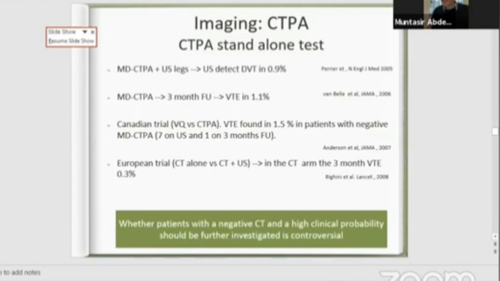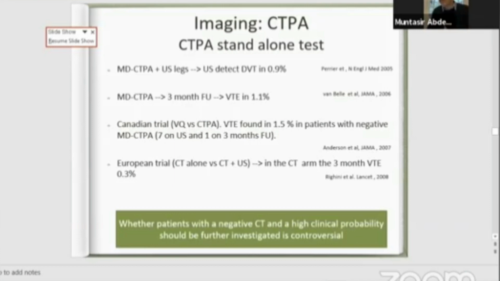The same thing in the other study, number 2: people with negative CTPA were followed for 3 months. And within these 3 months, they found that pulmonary embolism was missed in 1.1%, which is still not a big number. And then we have a Canadian trial where they compared VQ scan plus CTPA.